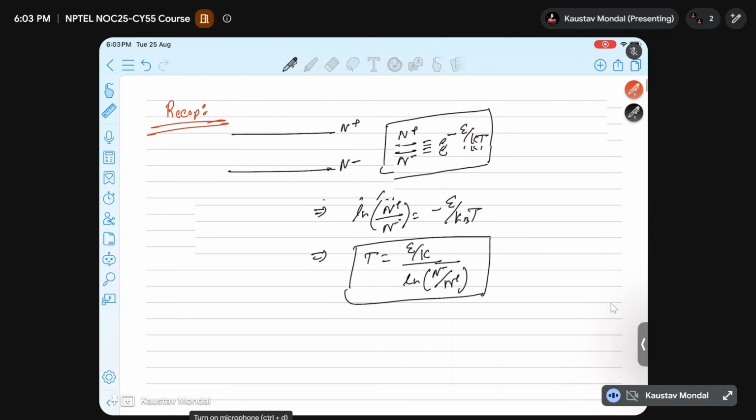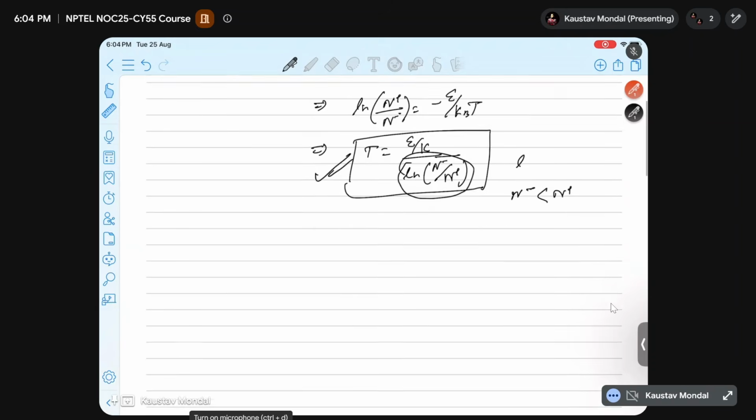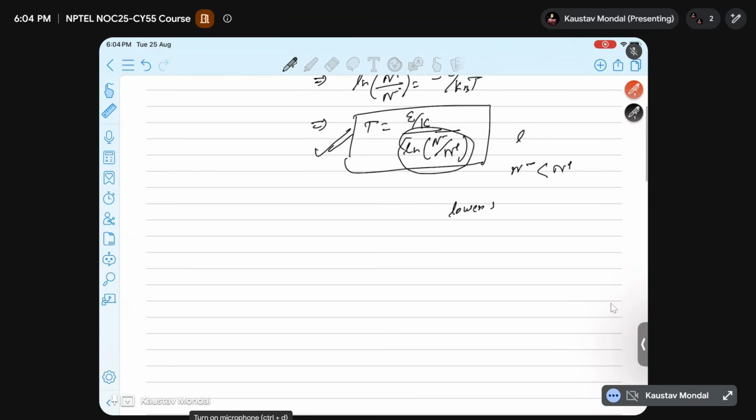Now, the main highlight of this expression is that it depends upon the logarithm of this term. If you somehow manage to attain a state where n minus is less than n plus, that means the lower state population is smaller than the upper state population, then this log of n minus by n plus term will become negative.